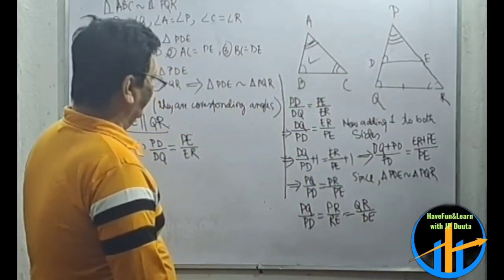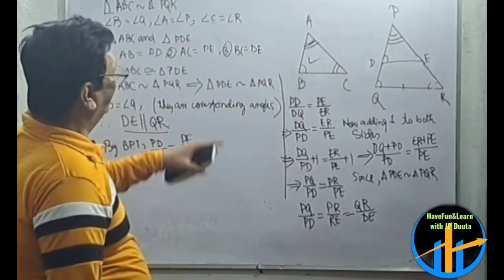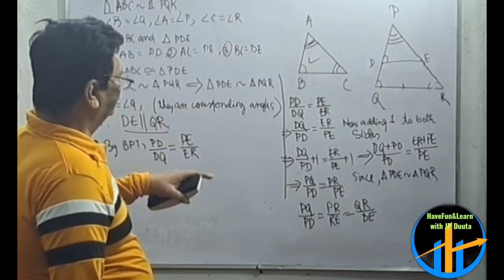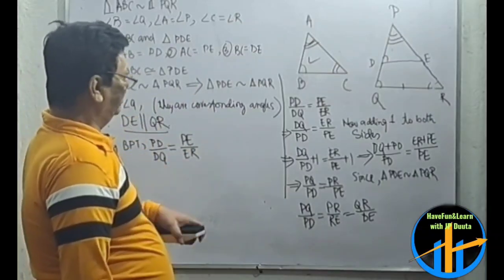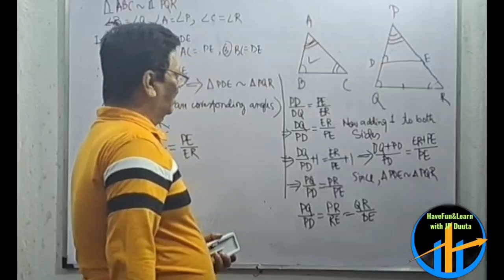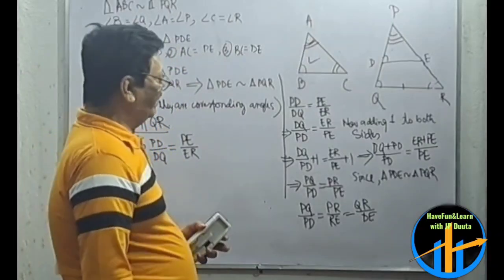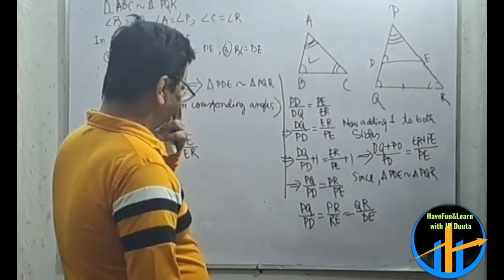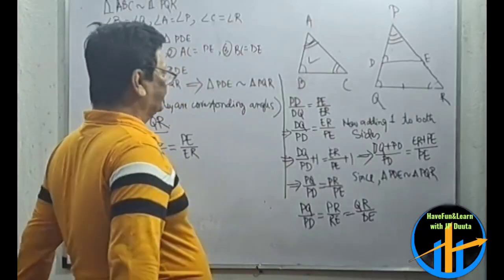Correct? Is it okay? PQ by PD is equal to PR by PE is equal to QR by DE. So this is what I was trying to drive at.